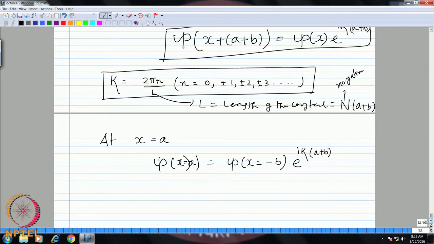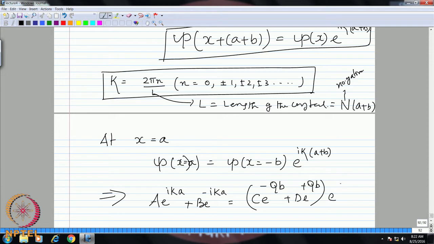If you substitute our wave functions, you will get A e power i k a plus B e power minus i k a is equal to C e power minus q b plus D e power plus q b, times e power i kappa (a plus b). Okay. So, you have equation number 3.